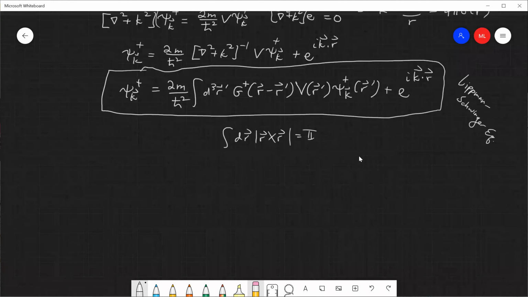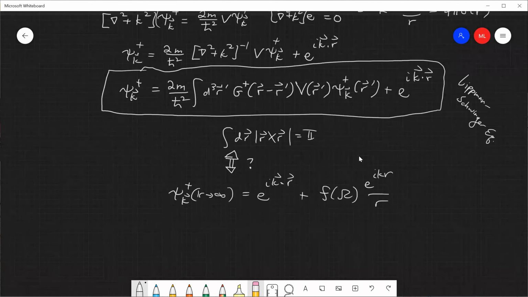Remember that the asymptotic solution, just to remind you, we're going to try to connect this Lippmann-Schwinger thing to the asymptotic solution. I said that for large distances far away, this should be the incoming plane wave plus some scattering amplitude, and then an outgoing spherical wave like that.